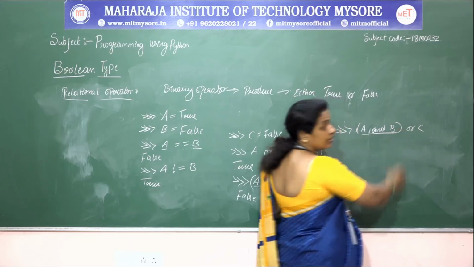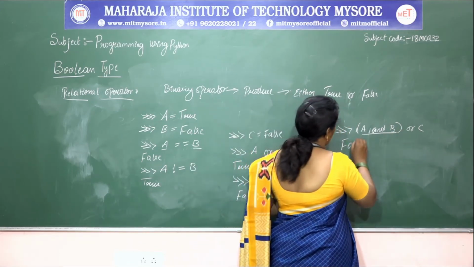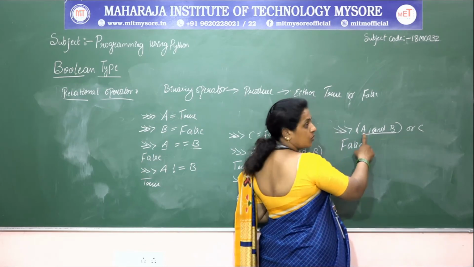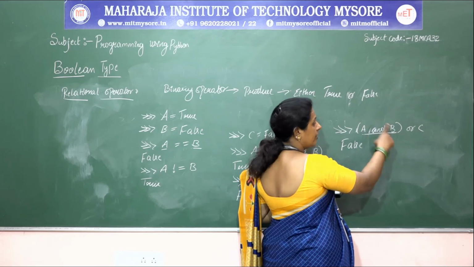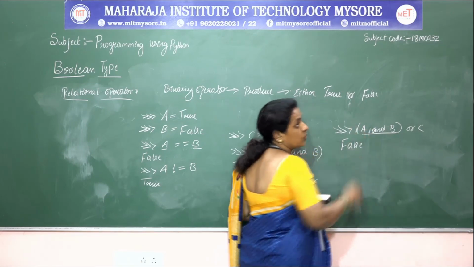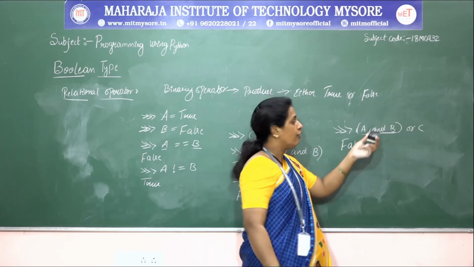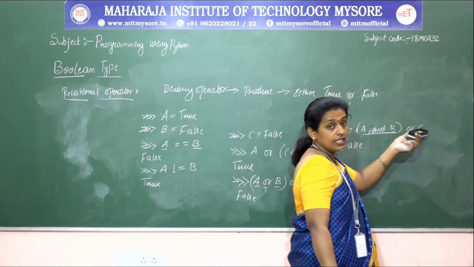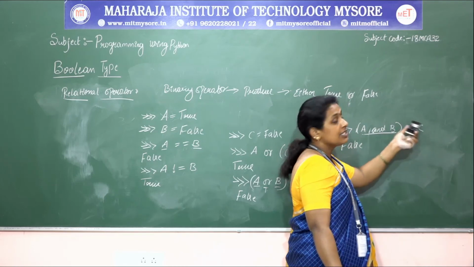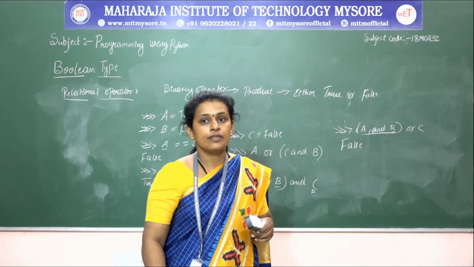When these expressions get evaluated, we will get the output as false. True and false: when we have either of the operands as false, the AND operator will produce false. With respect to C, it is also false. So false, false will get the output as false.